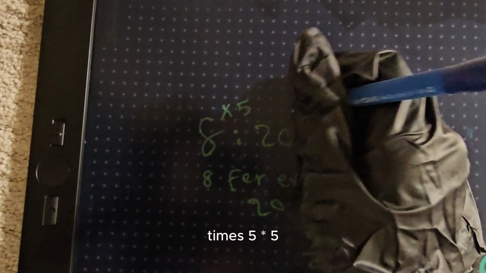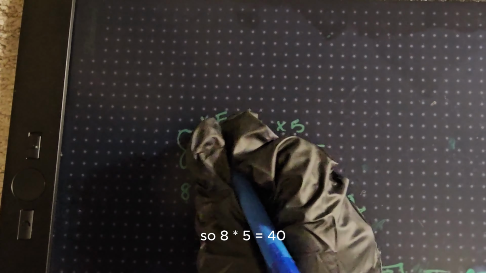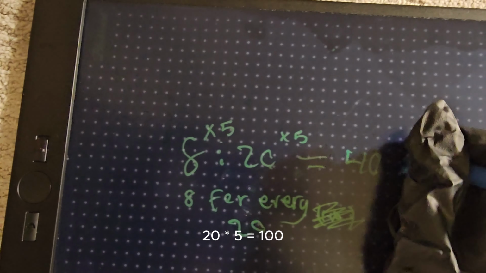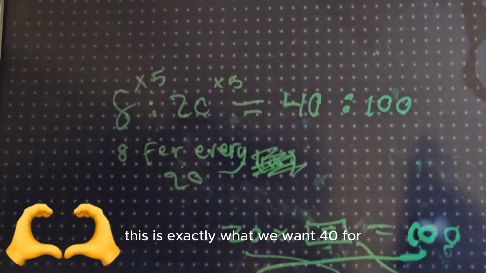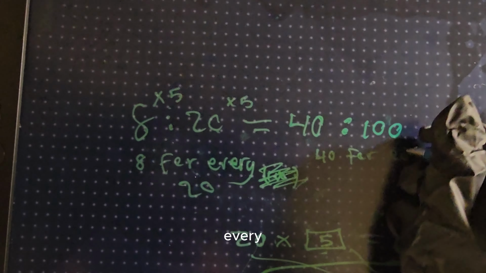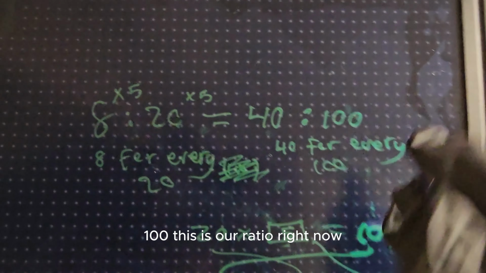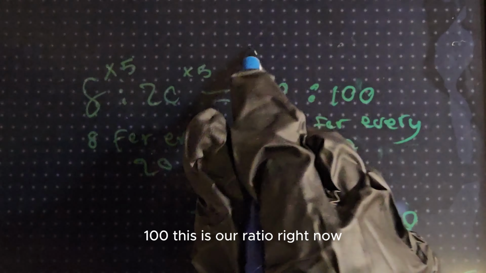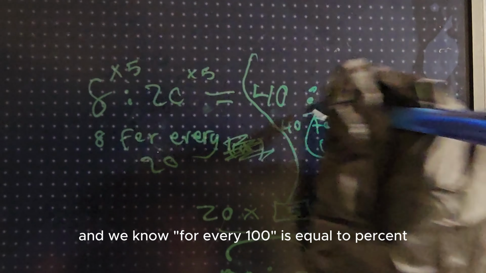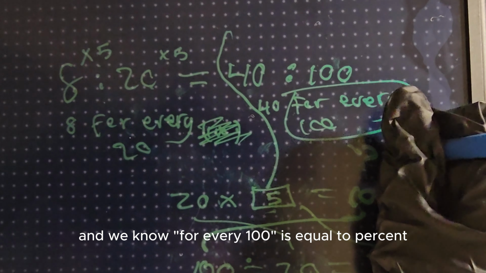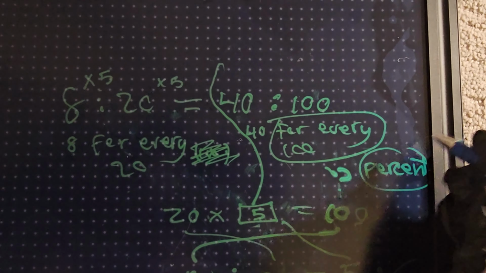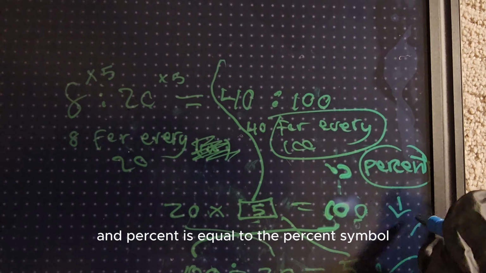Times 5, times 5. So 8 times 5 equals 40. 20 times 5 equals 100. This is exactly what we want. 40 for every 100. This is our ratio right now. And we know for every 100 is equal to percent, and percent is equal to the percent symbol.